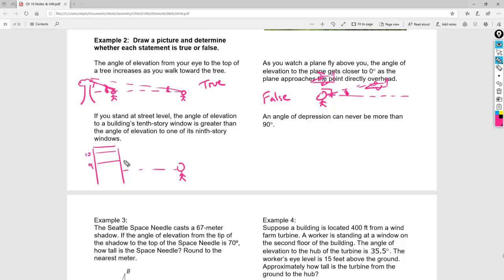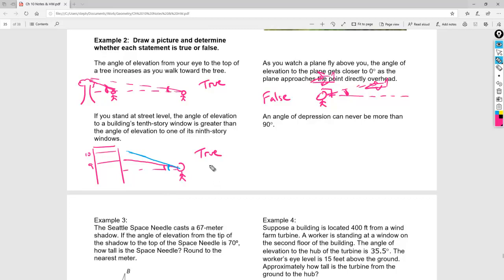Right, so if I draw my line here, and let's use a different color, and I draw a line of sight from the 10th floor, what they're saying is the angle of elevation to the 10th story window is greater than the angle of elevation to the 9th story window. So I see that my blue angle is in fact greater than my pink angle, so this will also be true.